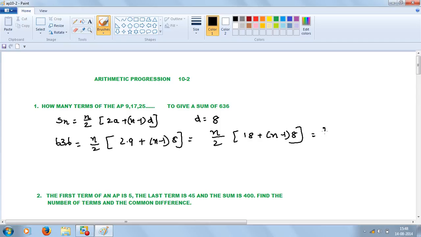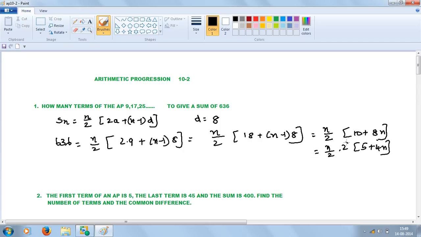So that is equal to n by 2 multiplied by 10 plus 8n. So this 10 plus 8n, we can take the 2 out, is equal to n by 2 multiplied by 2 multiplied by 5 plus 4n.